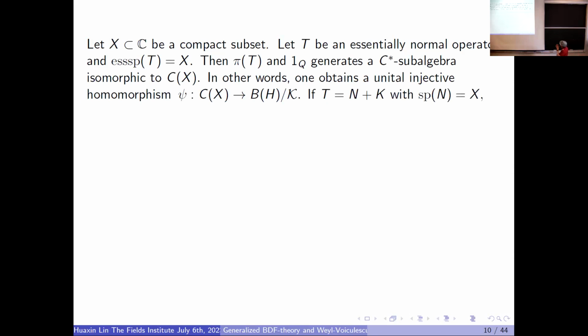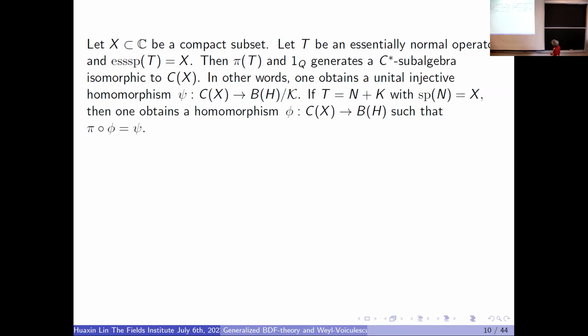If T equals N plus K, with the spectrum of N being X, then one obtains a homomorphism phi from C of X to B of H, a lift. When does such a phi exist?